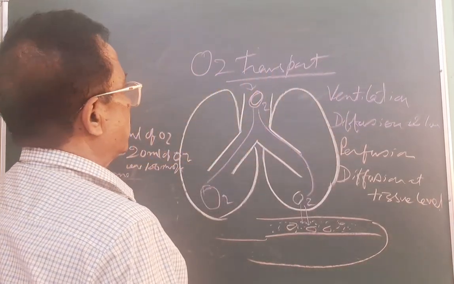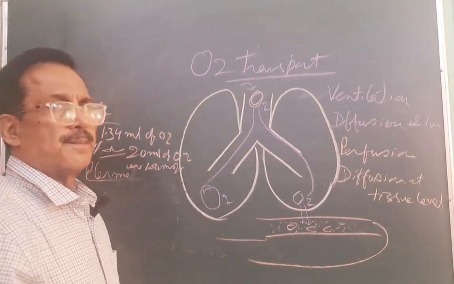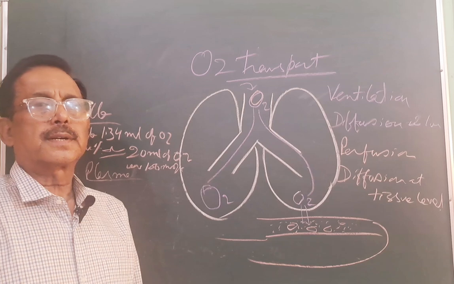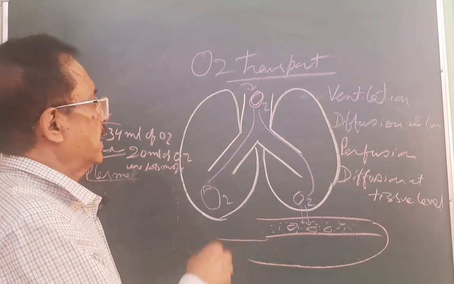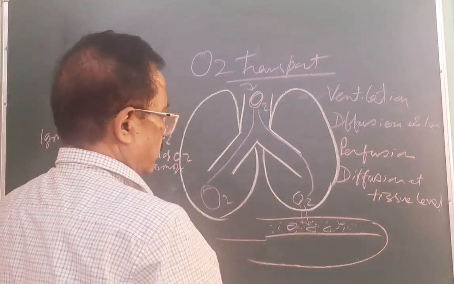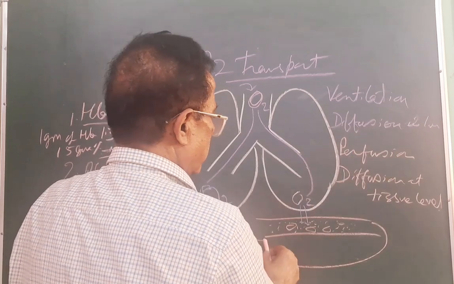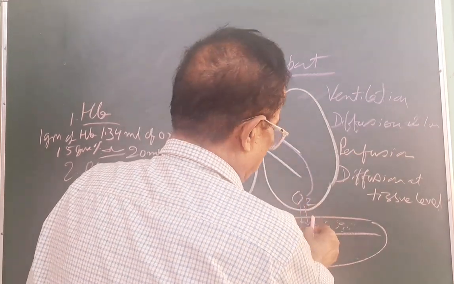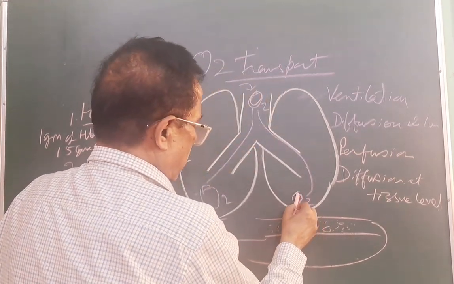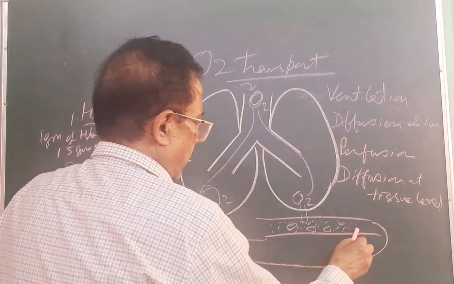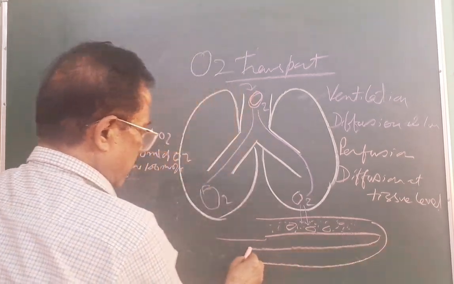We can divide this oxygen transport into 4 stages. First is ventilation, oxygen coming in. Then diffusion of oxygen at lung level, from lung to blood vessel. And this is circulation.